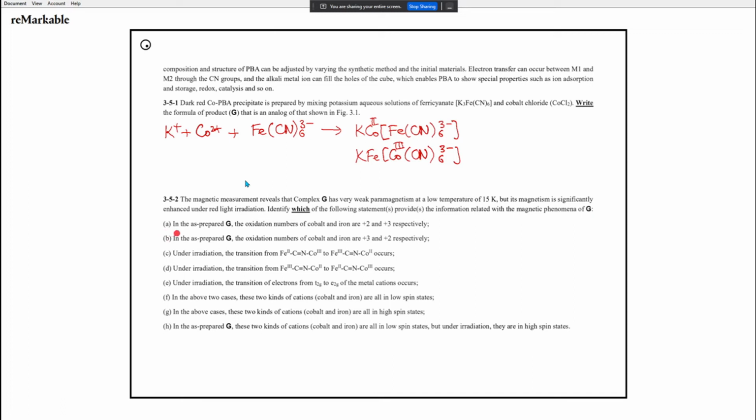In the as-prepared G, the oxidation numbers of cobalt and iron are 2 plus and 3 plus. That is actually statement A, right? And then the same statement, but cobalt and iron have oxidation states of 3 plus and 2 plus. That is statement B, because you see we have different oxidation states. So we need to decide which one is the correct one.